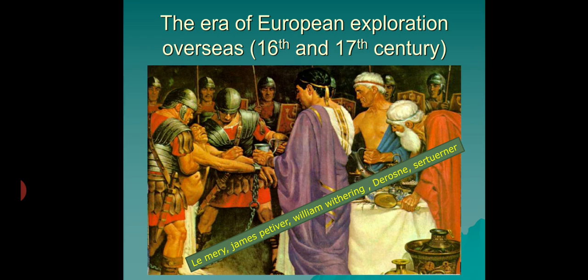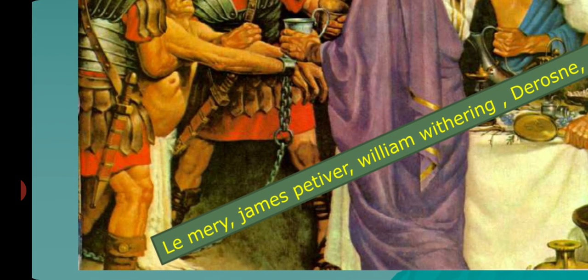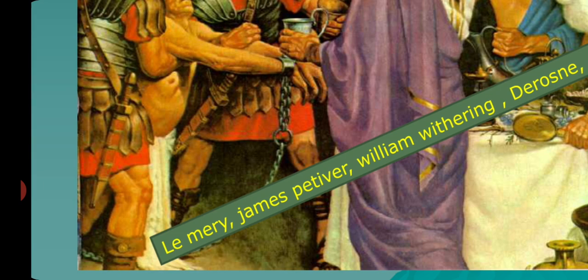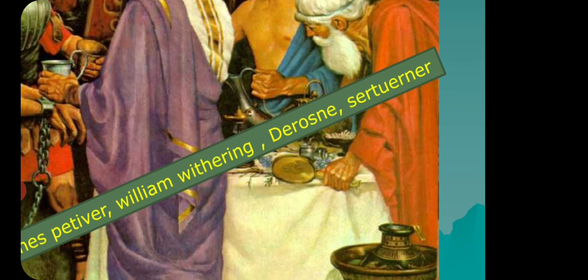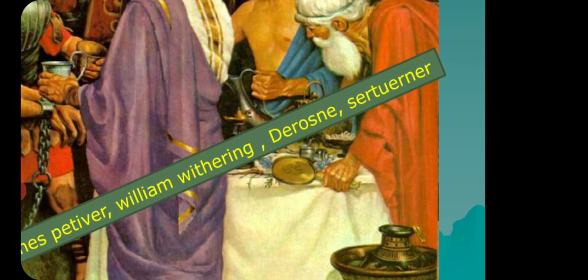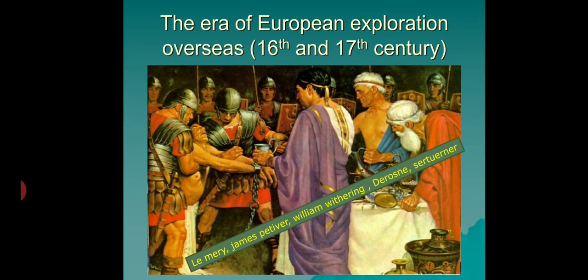And there are also so many people who contributed many things. For example, Leigh Murray, James Pettiware, William Withering, De Rossin, Serturner. These scientists, I can say, came up with some kind of knowledge and it has been shared.